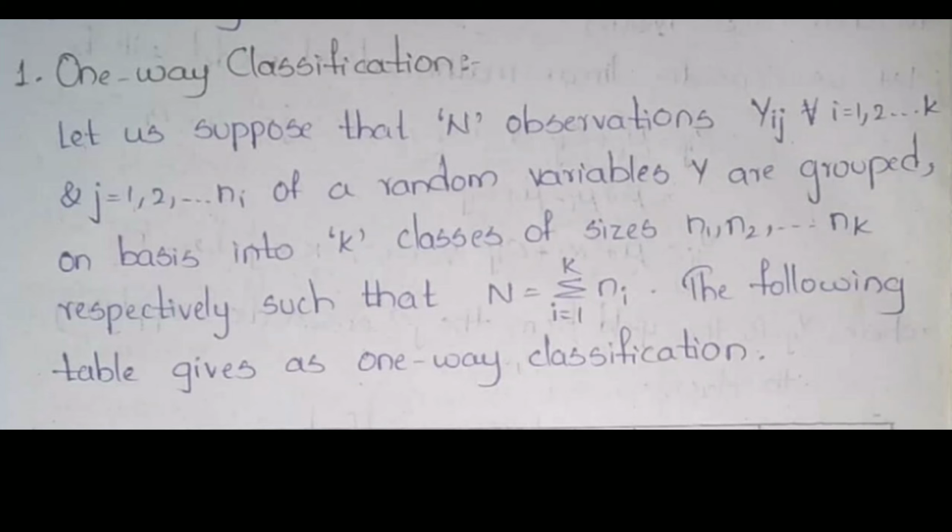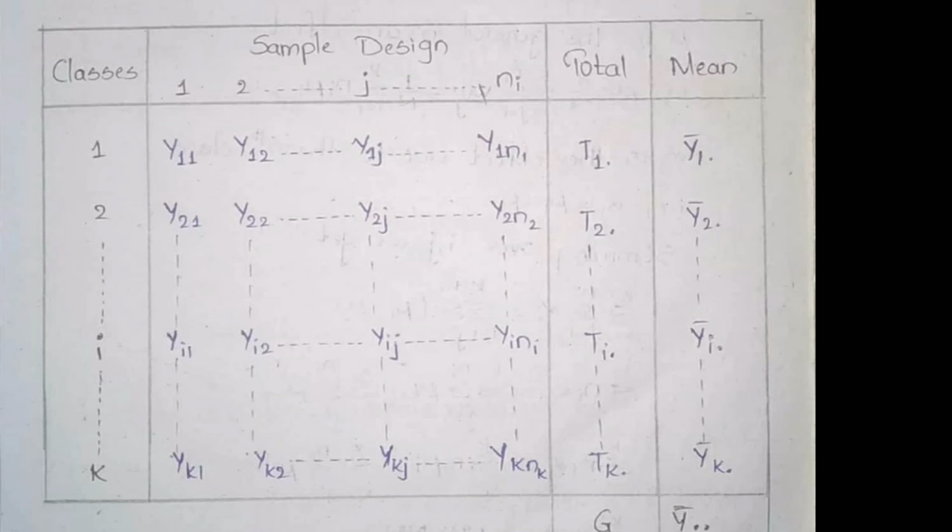The class sizes are n1, n2 up to nk, so that capital N equals the sum of ni, i ranging 1 to k. Observations are classified into k classes of sizes ni. We have to show the table.